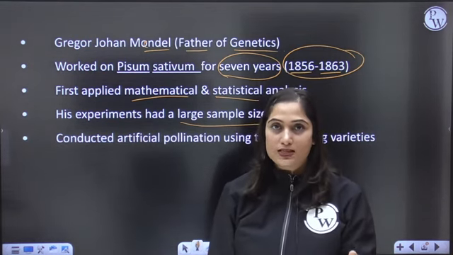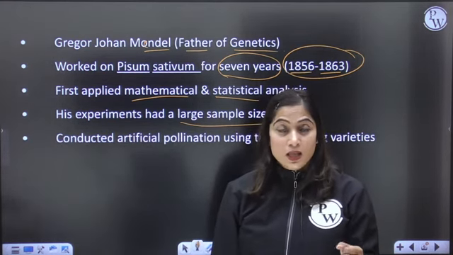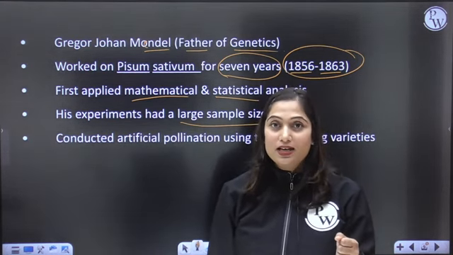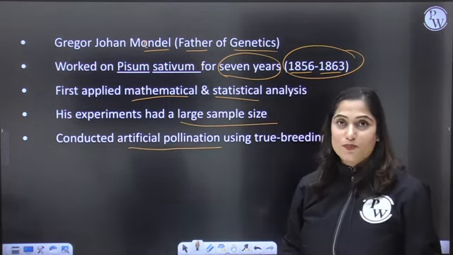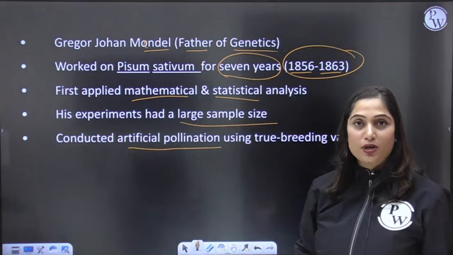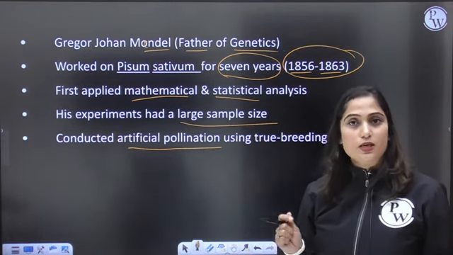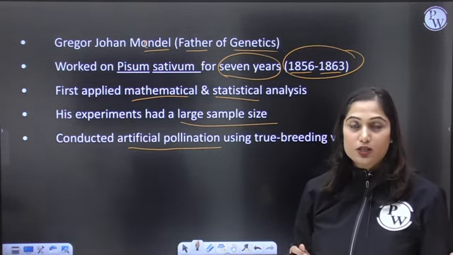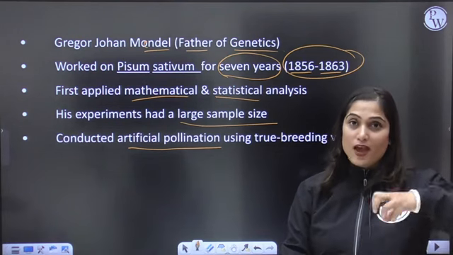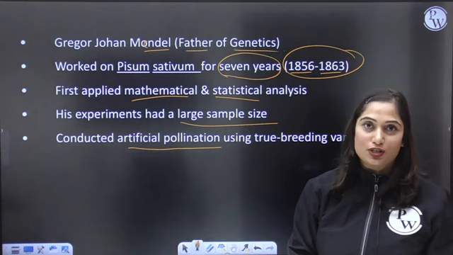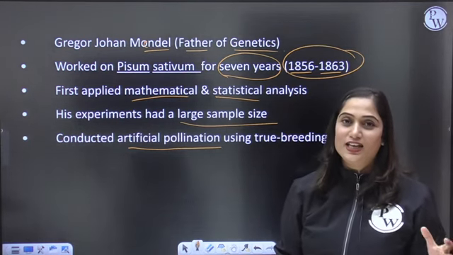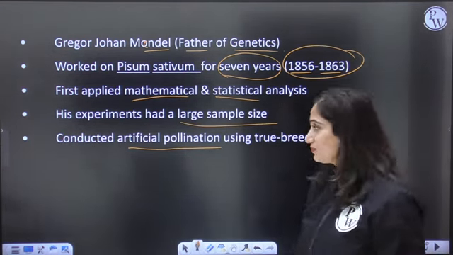You all know what is self-pollination. But in his experiments, Mendel did artificial hybridization also. And how did he do artificial hybridization? By the process of emasculation. What is emasculation? Removal of anthers from a bisexual flower before maturation. And that is how he did the cross-pollination.